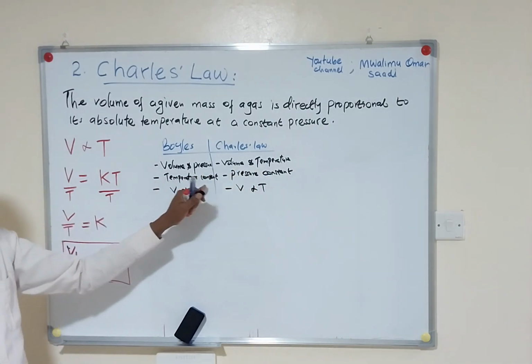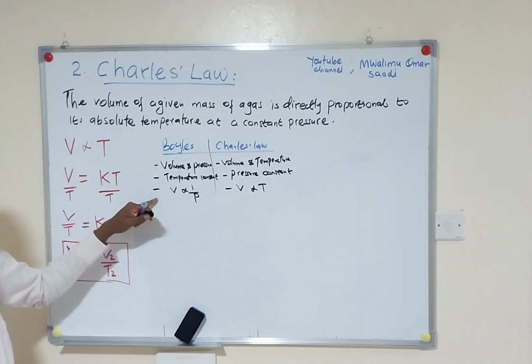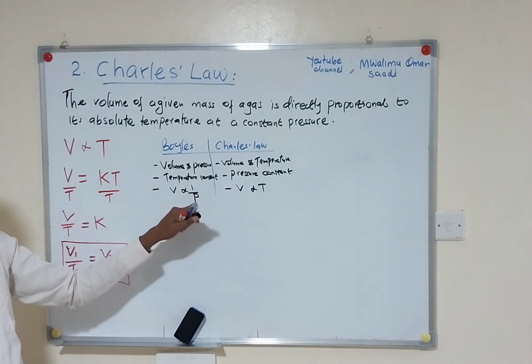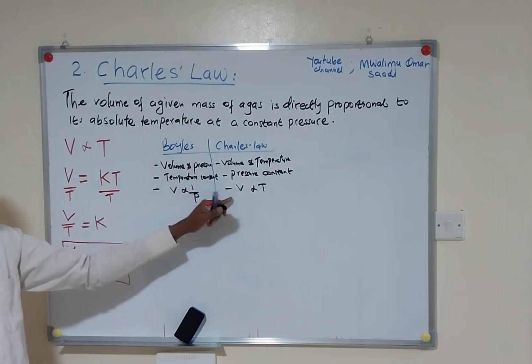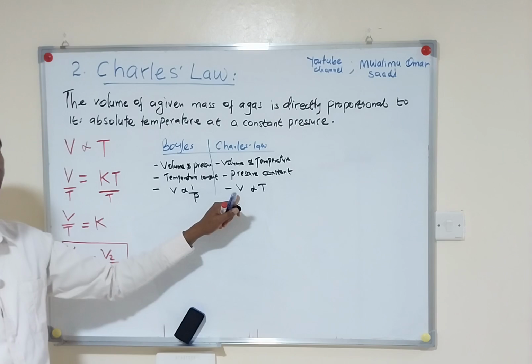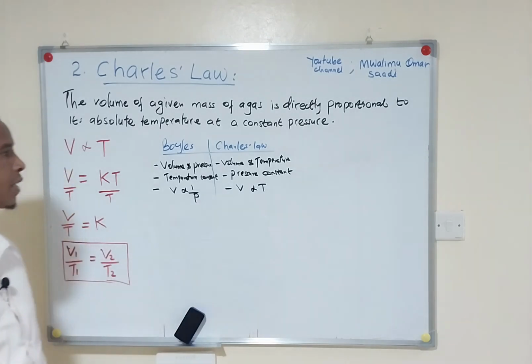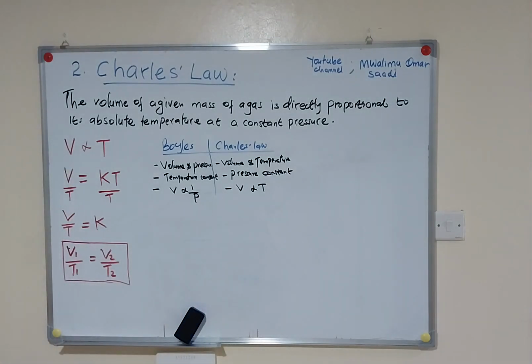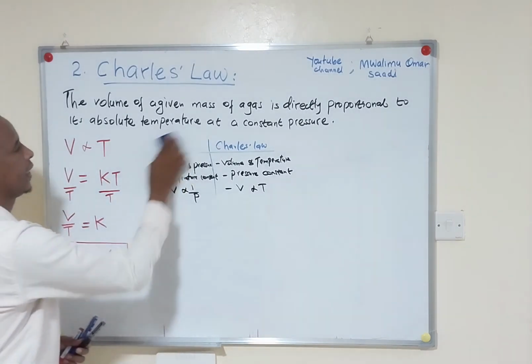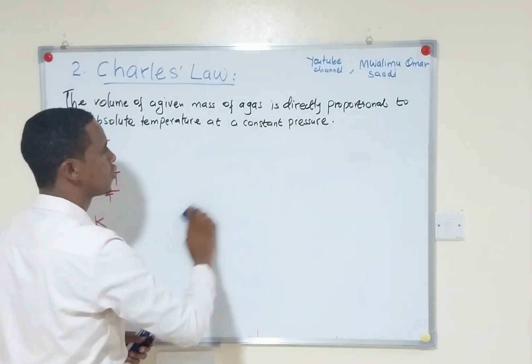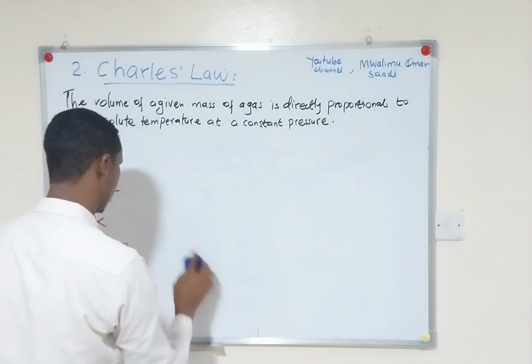V is inversely proportional to P for Boyle's law, and V is directly proportional to temperature for Charles' law. So that is the difference between the two.